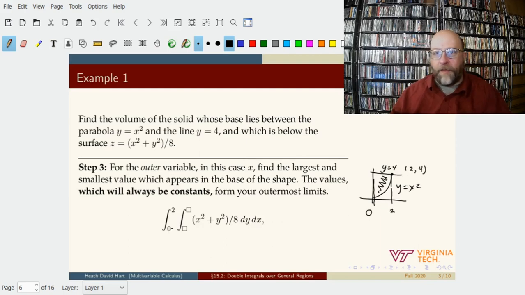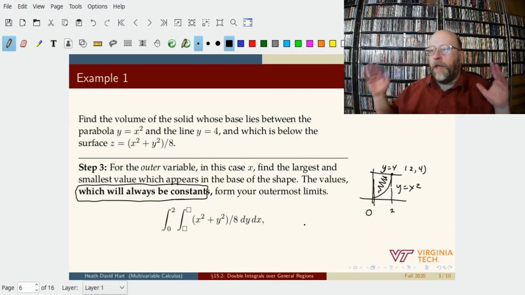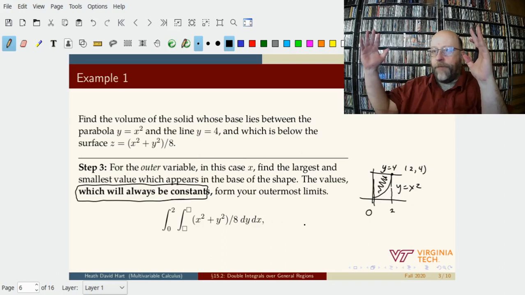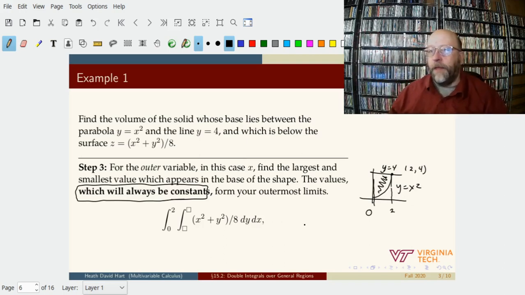And so the x values go from 0 to 2. The outer boundaries will always be constants. We're just describing in very crude terms that this is a shape that starts at 0 and ends at 2 on the x-axis. We're just defining some numerical boundaries, and that's all we're doing.